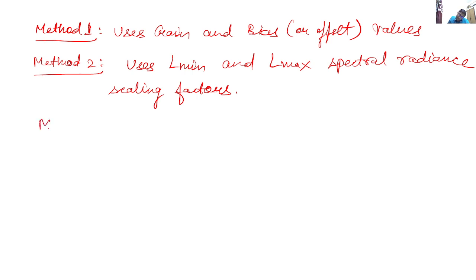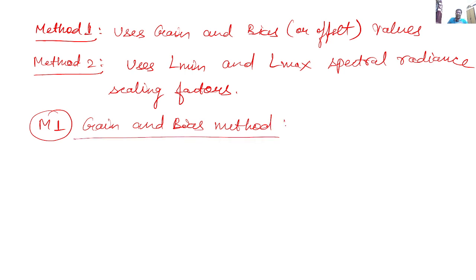So let's see method number 1, M1, which is nothing but the gain and bias method. We already discussed it, but let me just write the expression again. It is gain times DN plus bias. Gain is the multiplicative rescaling factor, and bias is the additive rescaling factor.